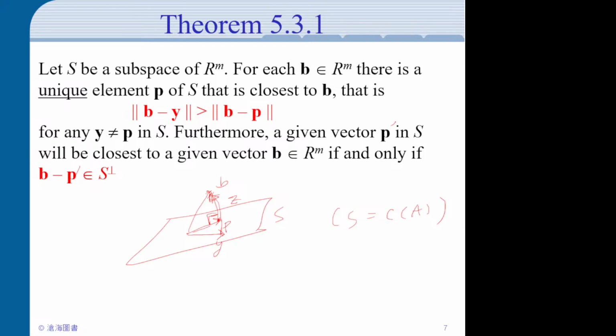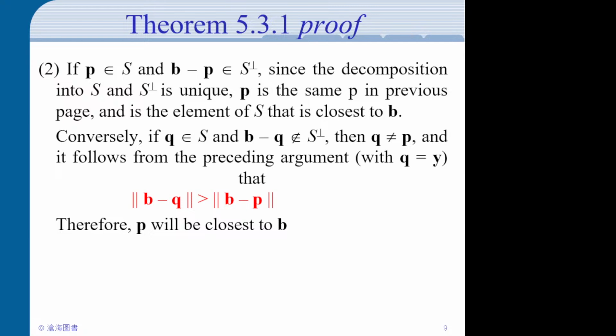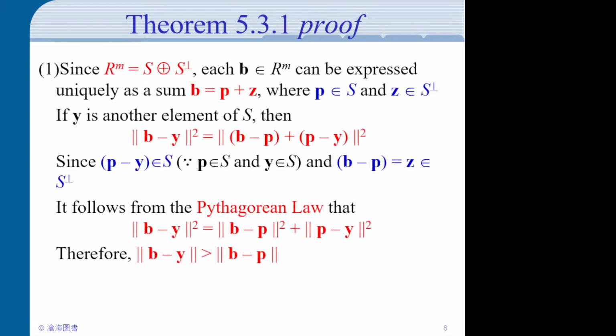So we have another vector p prime, and we say p prime equals p if and only if b minus p prime is in S dual. Just by uniqueness of the orthogonal decomposition, remember, b written as p plus z is unique.